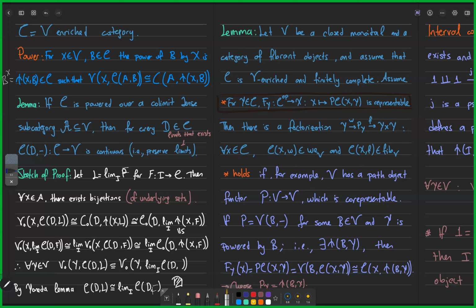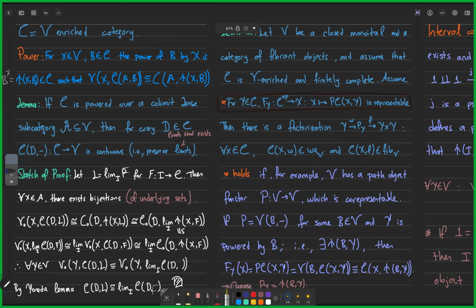So if star holds, for example, if V has a functorial path object, which is co-representable, so we have a path object functor of this form, then star always holds.